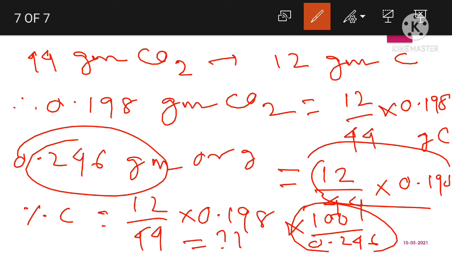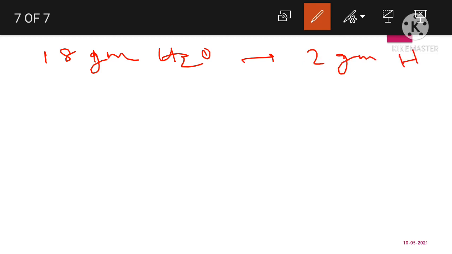In the comment box you can give me the answer and I will check and tell you what the answer is. Now what will be the percentage of hydrogen? You can do it similarly: 18 gram of water will give you 2 gram of hydrogen.